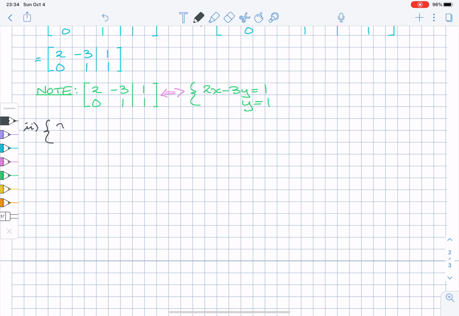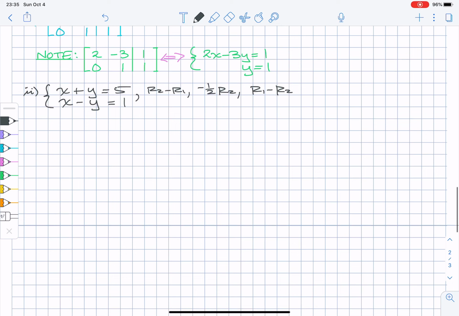So let's say we have x plus y is equal to 5 and x minus y is equal to 1. Then I want you to evaluate row 2 minus row 1, then negative 1/2 row 2, then row 1 minus row 2, and just those 3. Okay, so let's begin.